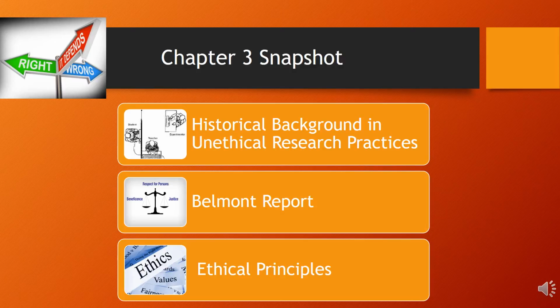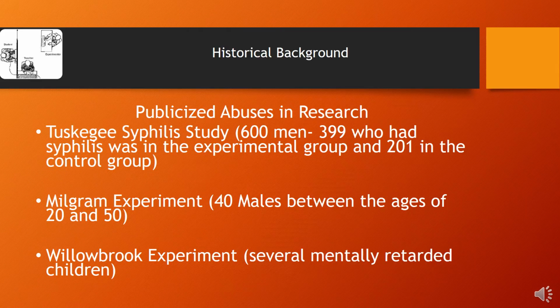Chapter 3 content basically covers historical background in unethical research practices, the Belmont Report, and ethical principles. Again, all of this is covered in the CITI course. Historical background.